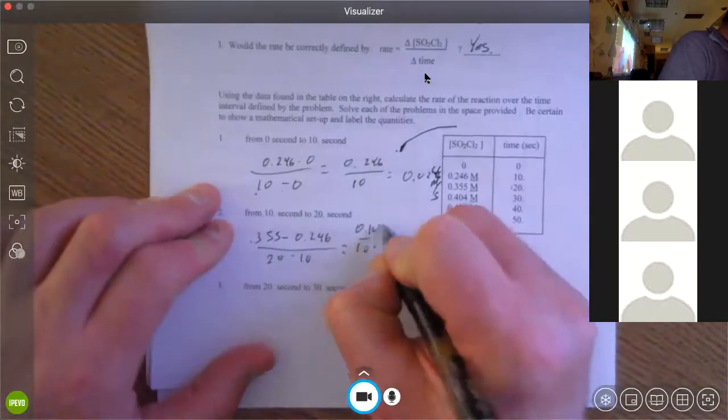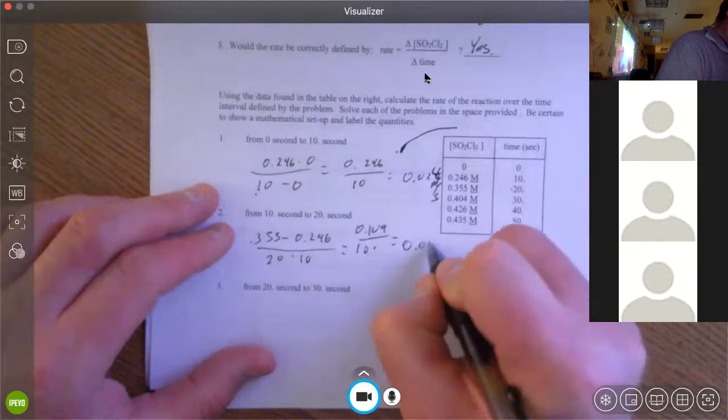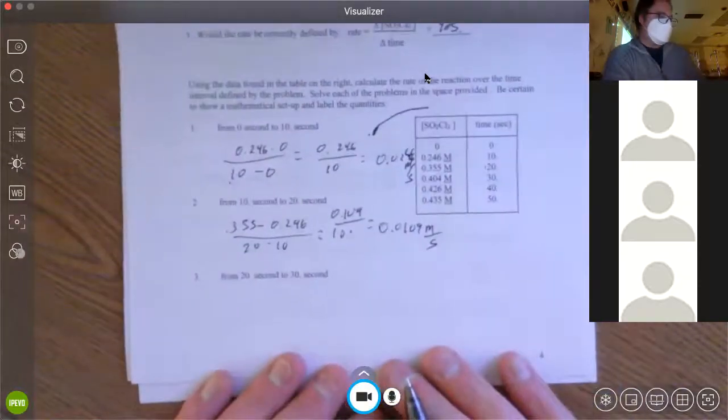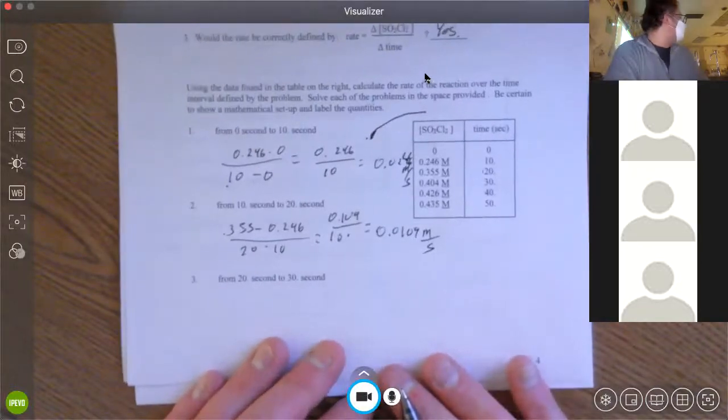It's 0.109. So then we divide that by 10, 0.0109 molarity per second. Good?